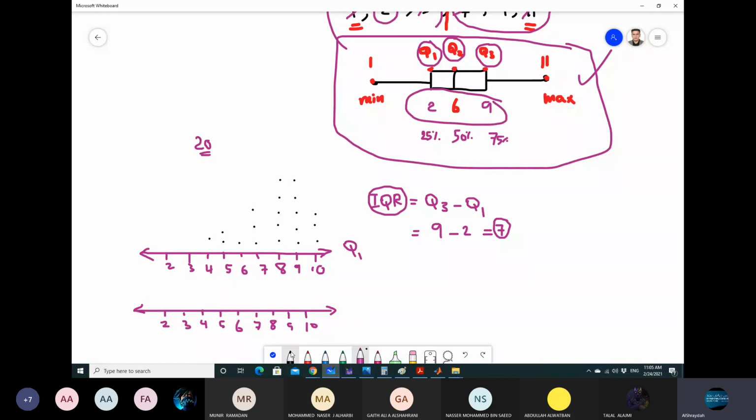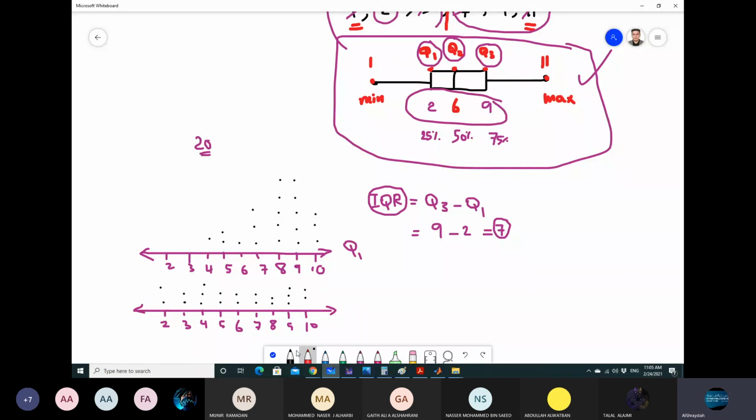Let's say that the marks look like this. We have 2 students here. Look here. What do you notice about this?